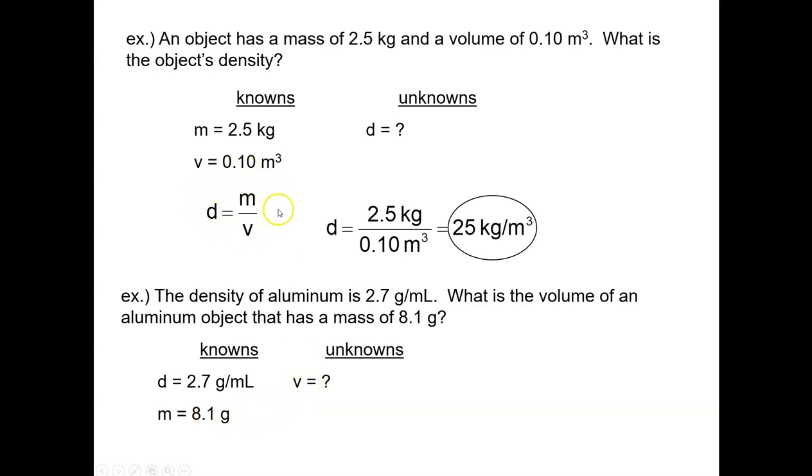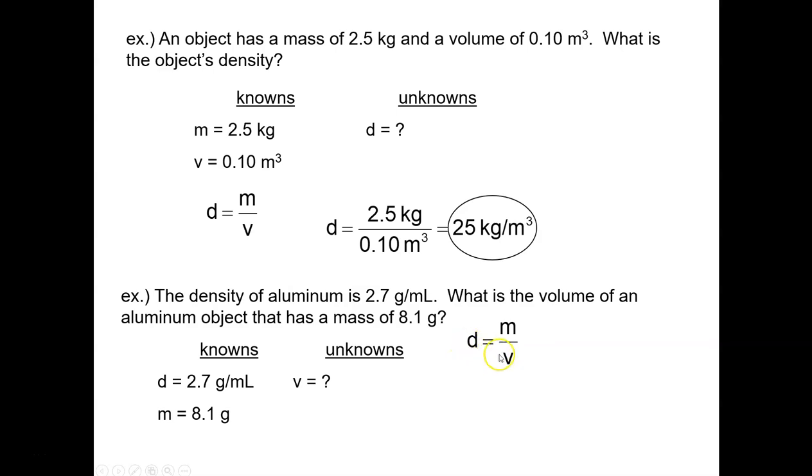Can we still use this same formula from up here, density equals mass divided by volume? Well, yeah, but we're going to have to rearrange it a little bit because we need to solve for V, not D. We need V by itself and isolate it. So if we take that formula, I'm going to write it again down here, but rearranged.